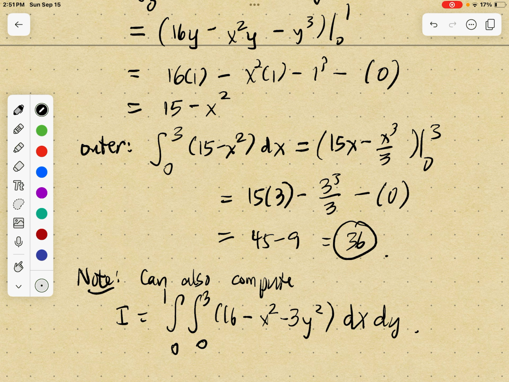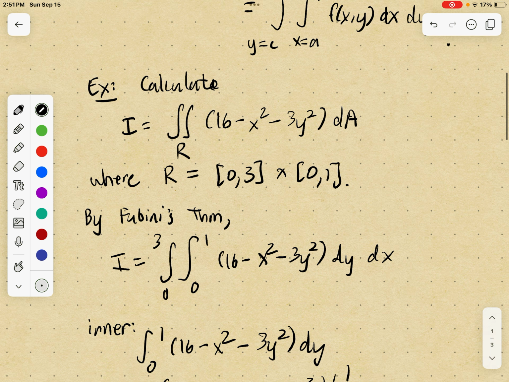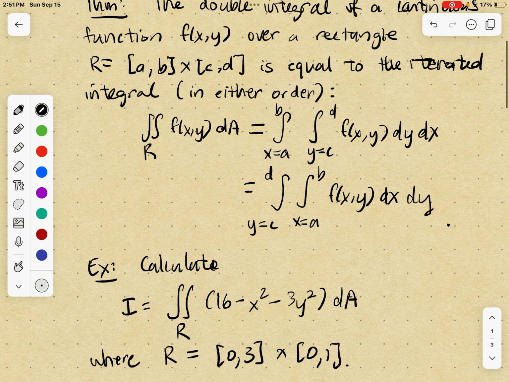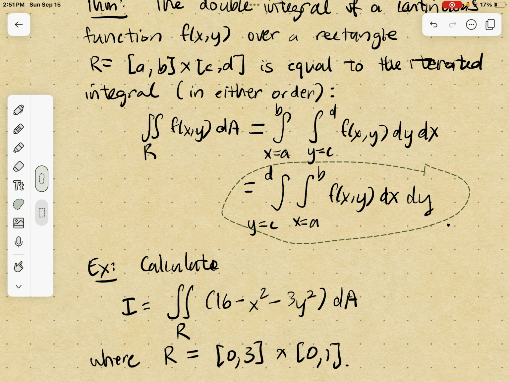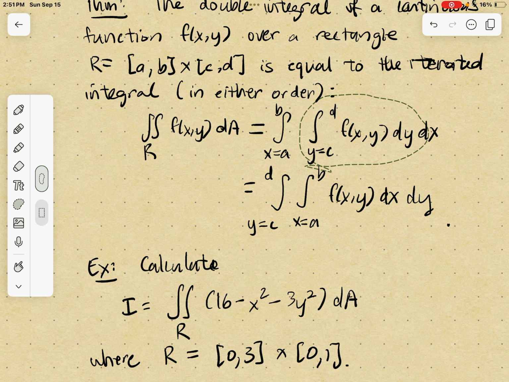Sometimes there are examples where one or the other is hard to actually calculate in practice because maybe the function is hard to integrate. So you might have a function that's easy to integrate with respect to y, so then you could do this integral easily, but maybe it's hard to integrate with respect to x, and so it'd be hard to do this integral easily, or vice versa.